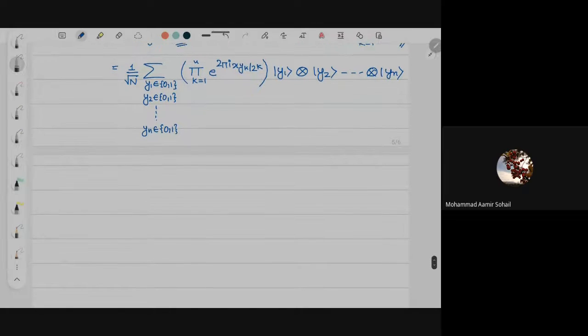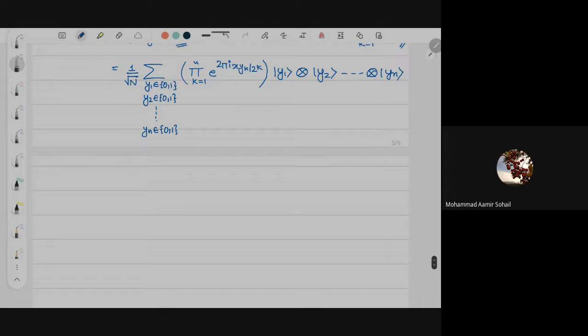So let's consider the first one, only y1. We have y1 belongs to 0, 1, and the product over k equals 1 to n of e raised to 2 pi i x yk by 2 raised to k, and then y1.